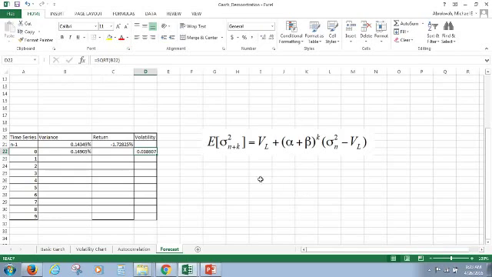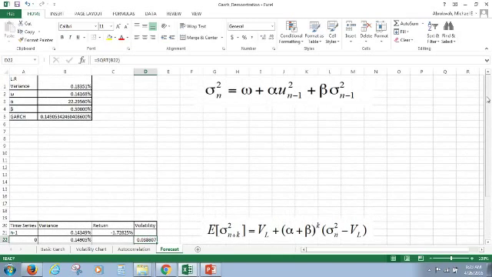So I mentioned earlier that we would manipulate this formula for expected variance in future time periods. Now, this expected variance is an algebraic adaptation of this equation, and paying close attention to these values in particular, together the alpha and beta add up to be the persistence factor.